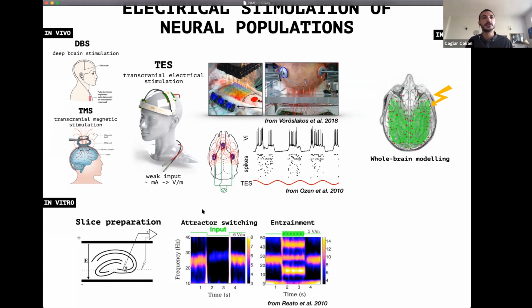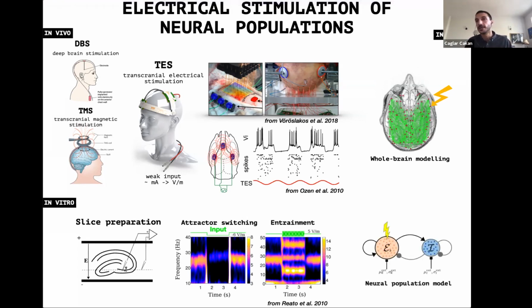And then here you see one example where the population is spiking at 25 Hertz, and then an input is turned on and off again. So you can turn on and off an oscillation. And if the input is oscillating, you can even have new oscillation frequencies emerging. And this you might simulate using a model of a cortical patch, let's say excitatory and inhibitory neurons, and this is what I will talk about today.